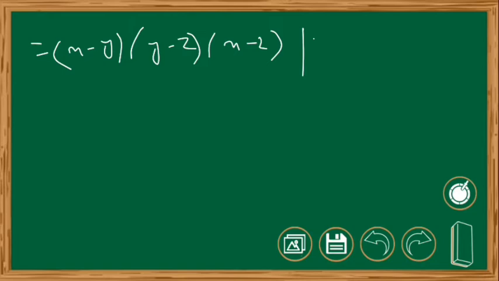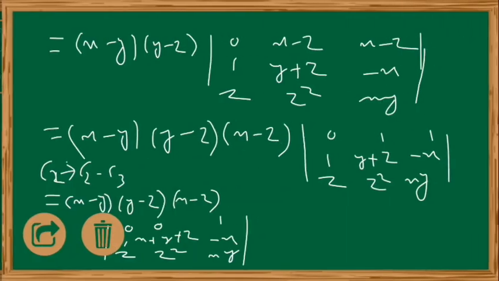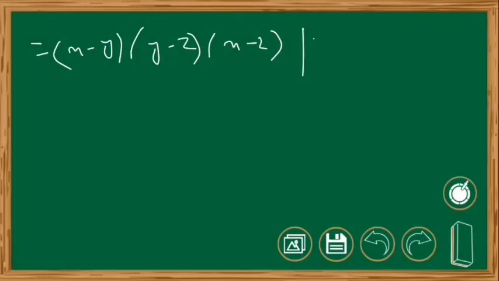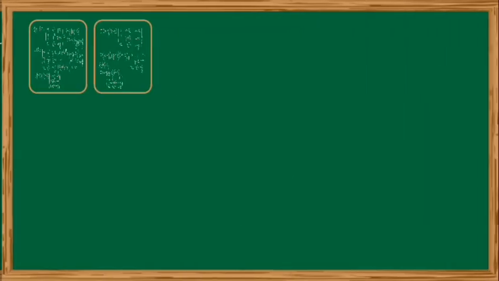So if I expand along column 3, it will be x minus y whole into y minus z, and x minus z, and at last what will be left is the determinant with 1, x plus y plus z in one row and z, z square in the other. Let me show it once again.